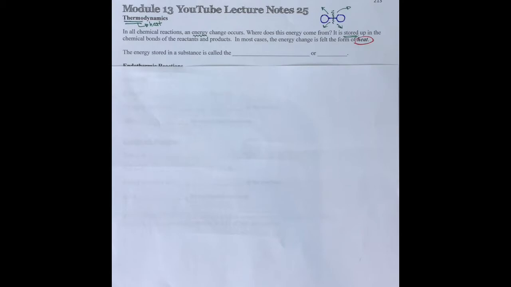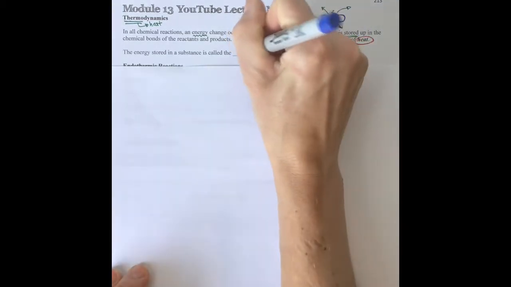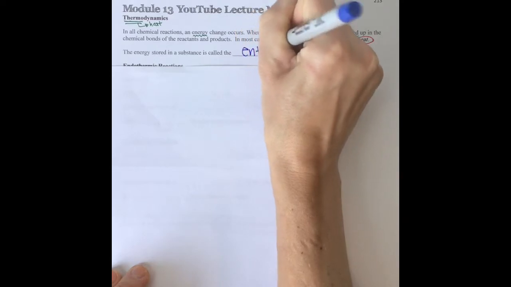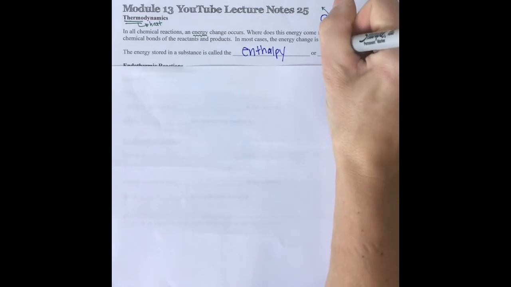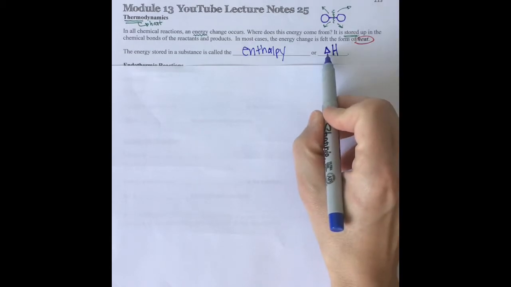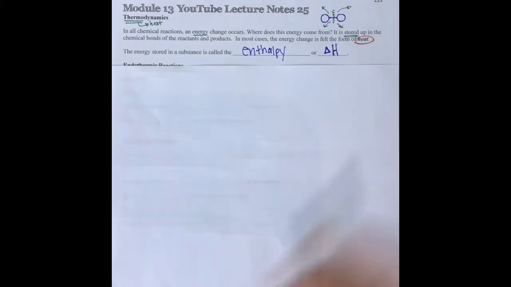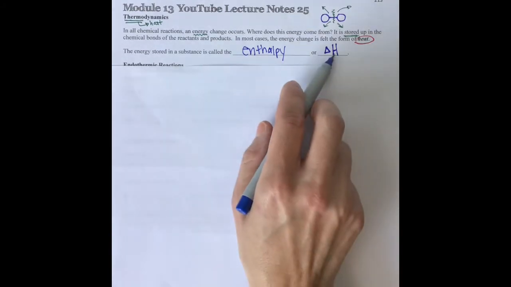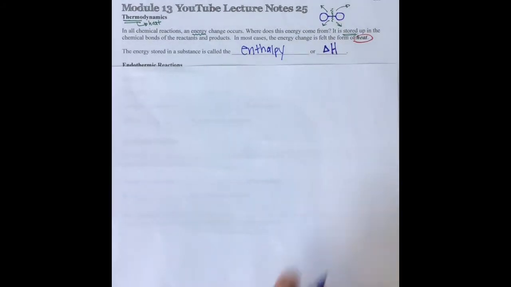So we can fill in the blank by saying the energy stored in a substance is called the enthalpy. You will often see it written as the change in H. Remember, the delta symbol means change, and an H is used to signify the change in heat or the change in enthalpy in a reaction.